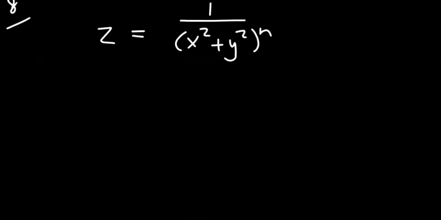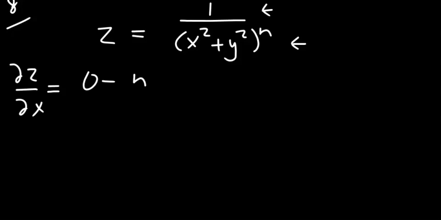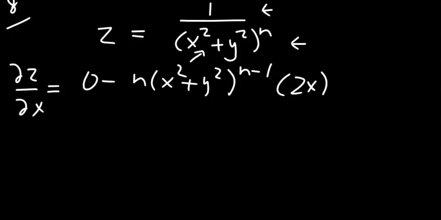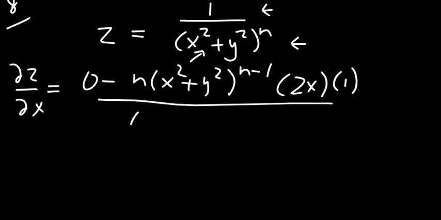Now what about this function? The partial derivative of z with respect to x, again using the quotient rule, differentiate the top, you get 0, minus, now you differentiate the bottom, with respect to x you get n times x squared plus y squared to the power n minus 1, now differentiate the argument, you get 2x, multiply numerator, which is 1, divide this entire thing by the square of the denominator, which is 2n.